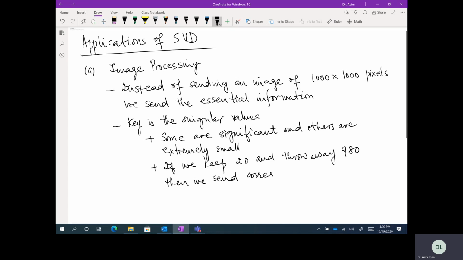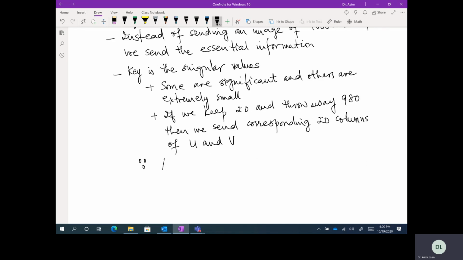the corresponding 20 columns of U and V. And how is that? Because A equals U sigma V transpose, which we just saw from the spectral decomposition theorem, is sigma 1 U1 V1 transpose plus sigma 2 U2 V2 transpose plus sigma R UR VR transpose.